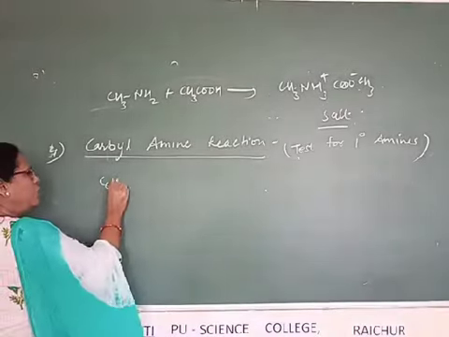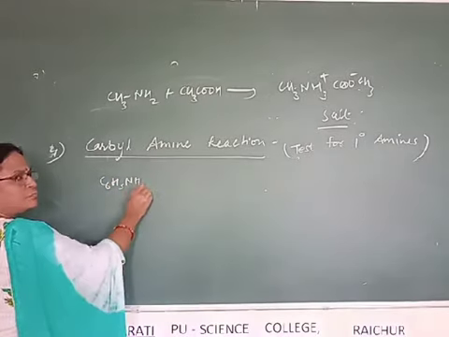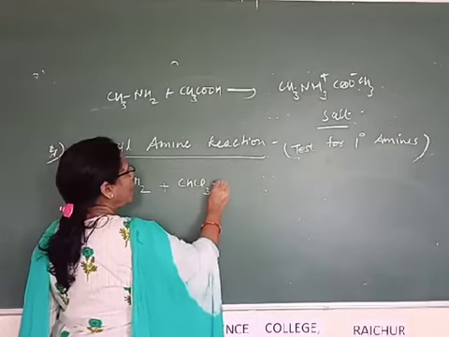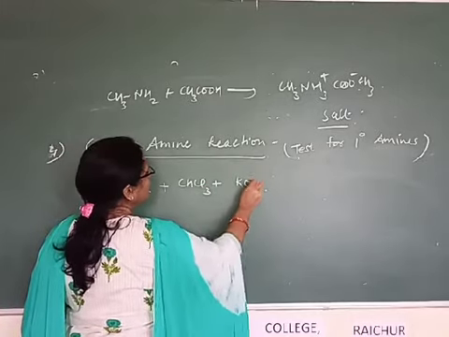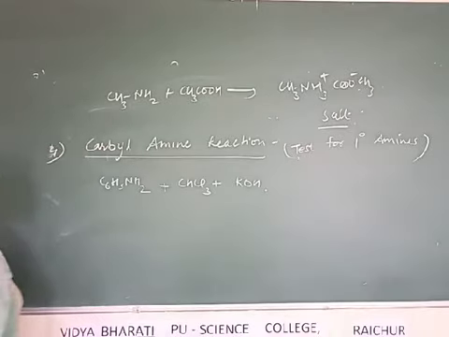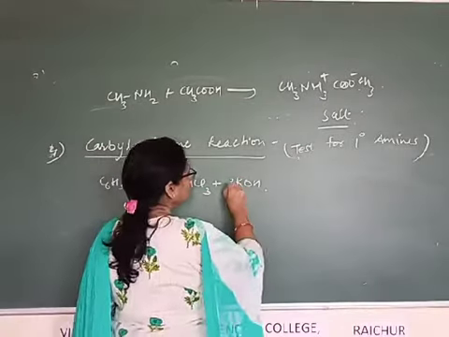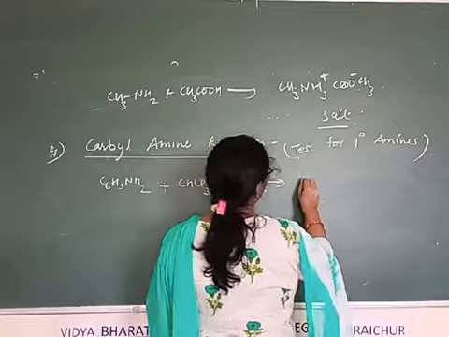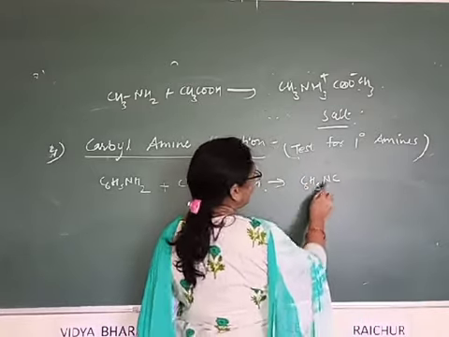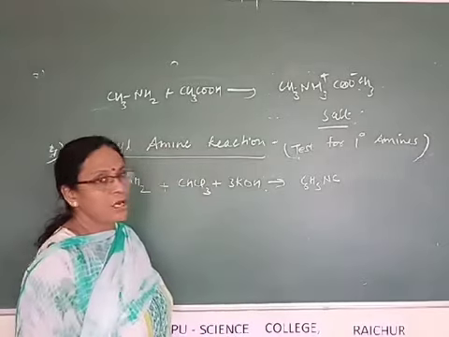So when a primary amine, you can take aniline also, is treated with chloroform and potash, that is KOH, or you can take NaOH, anyone. Then carbylamine is a common name given to isocyanides.